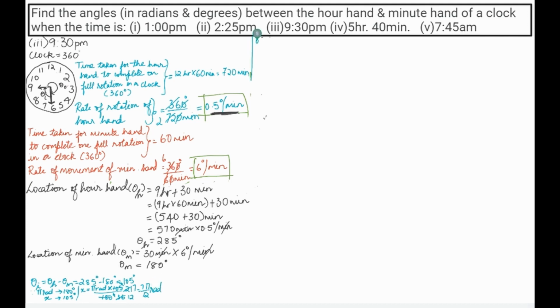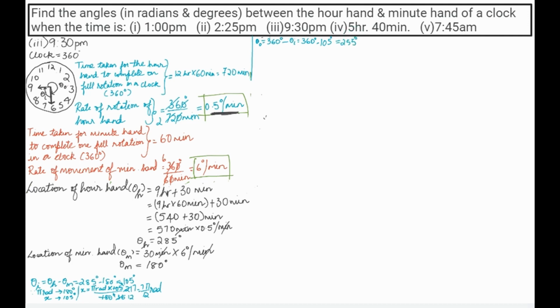So next, in order to find the outer angle, when we minus the inner angle from 360 degrees, that is the full circular measure of a clock, we will get the outer angle. Therefore, 360 degrees minus 105 degrees, which is equal to 255 degrees.